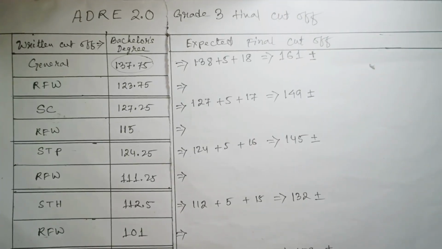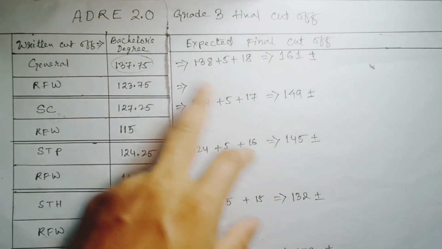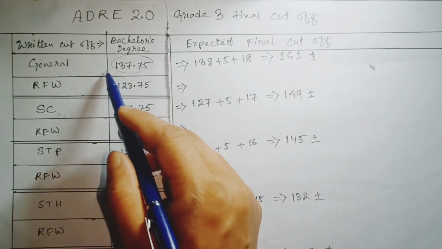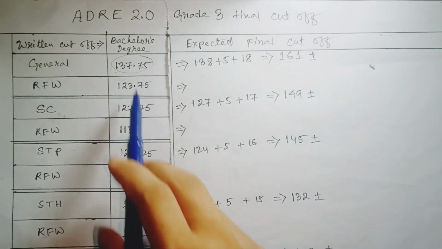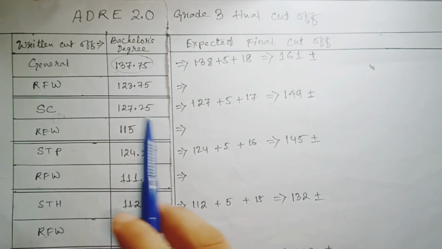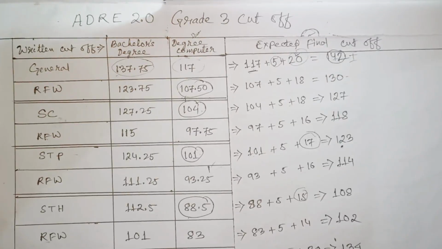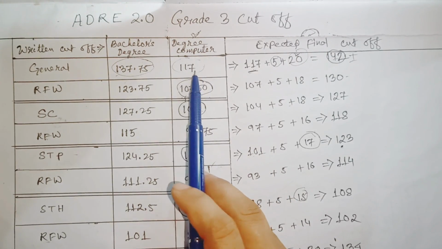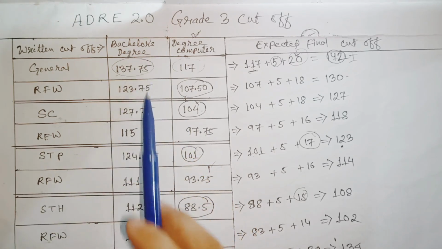Now let's move to the next category, that is bachelor's degree. Before we discuss the expected final cutoff, let us see the factors that could influence it. The main factor is overlapping. We have seen that in degree with computer, the cutoff was 117 for general, and in bachelor's degree it is 137.75.